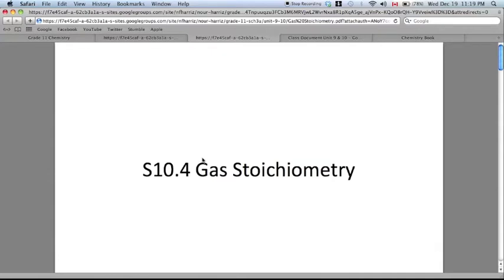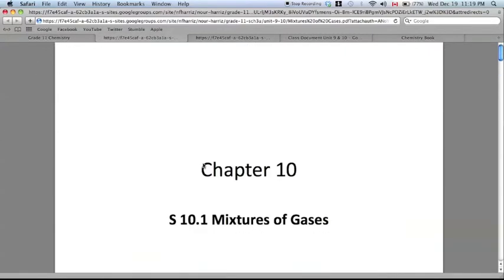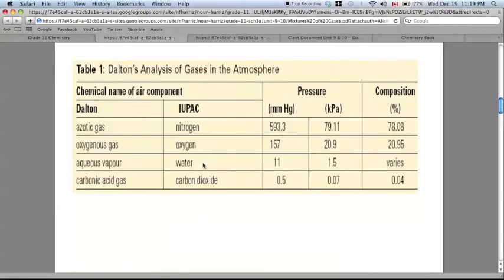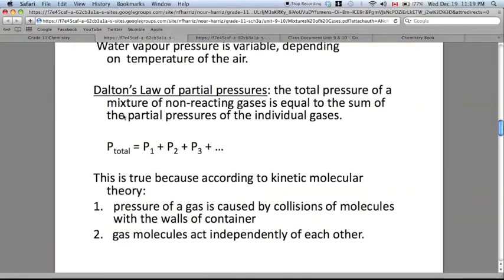Just to show you an example of how Google Docs and the flipped classroom are good ways of communicating after school. There's the topic of mixtures of gases, and Dalton's law of partial pressure that I didn't really understand.